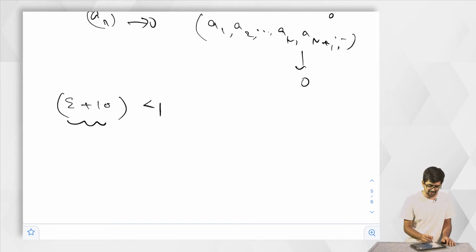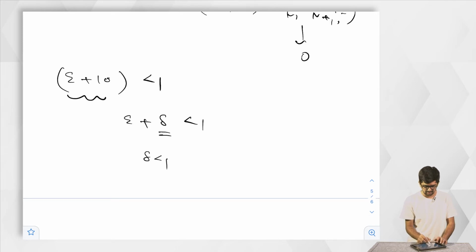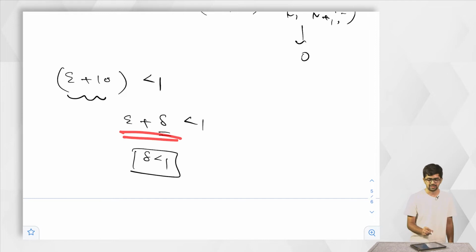Can I make epsilon plus 10 less than 1 for any positive epsilon? Not possible. One can keep on trying, then realize that for epsilon plus delta to be less than 1, it is necessary that delta is less than 1. Even if delta is equal to 1, this still does not hold.